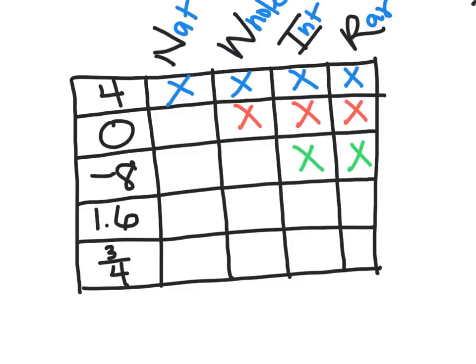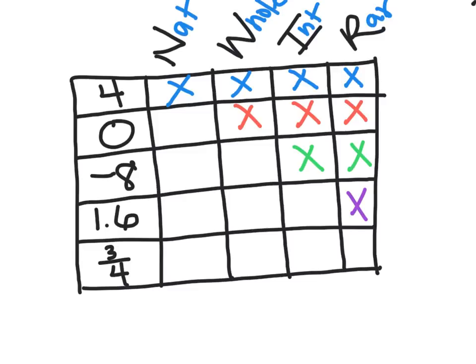My next number is the number 1.6, or 1 6/10. It is not a natural number. It is not a whole number. It is not an integer, but it can be written as a fraction, so that is a rational number. And then I have the fraction 3/4.